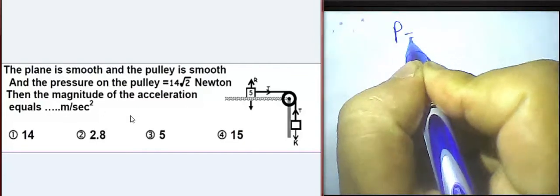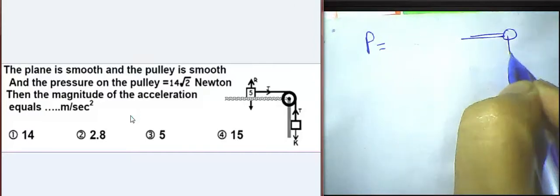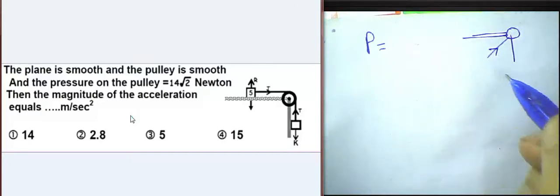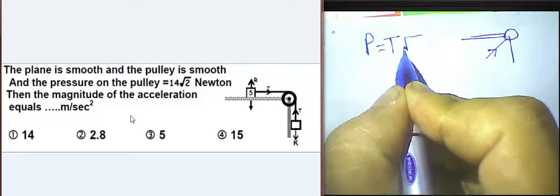The plane is smooth and the body is smooth, and the pressure on the body is 14 root 2 Newton. Then the magnitude of acceleration equals blank meter per square second. You want to find acceleration. Look at the body here. He gives us the pressure. We know the pressure in this figure, on this body, equals root 2 multiply tension, T multiply by root 2.